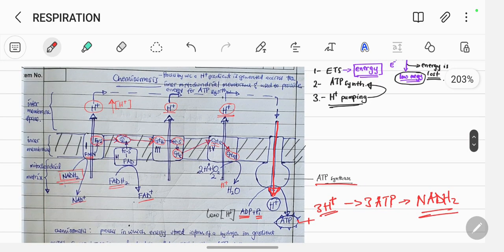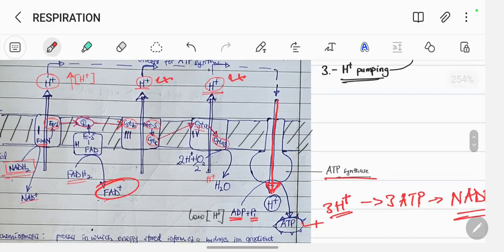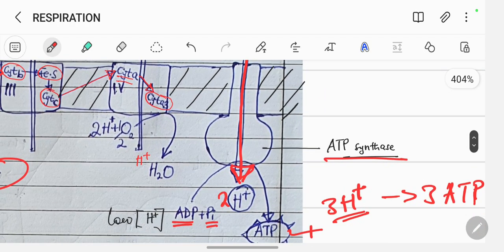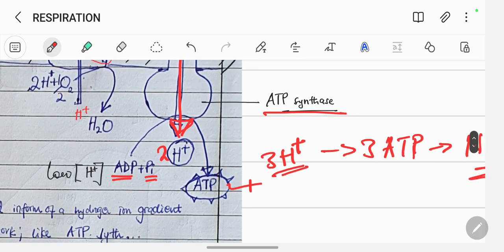Then our FAD is going to pump 1 and 2. So as it pumps that 1 and 2, as they move through our ATP synthase, they are going to bring up only 2 ATP molecules, like that.